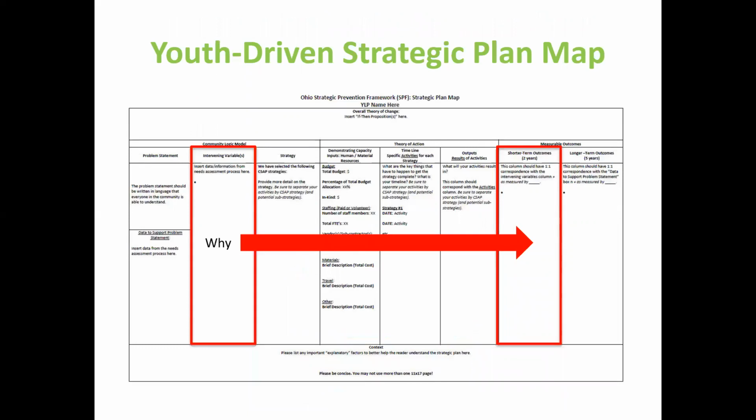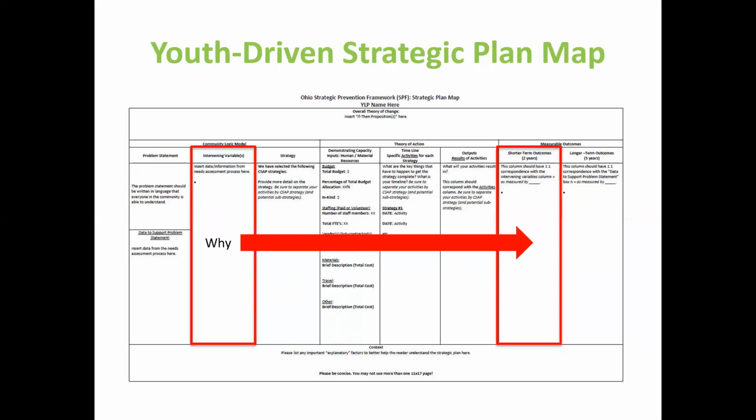Once you have completed the process of guiding your young people through the selection of intervening variables or root causes based on the existing evidence that you have, it's important that you as an adult ally then enter this information onto the youth-driven strategic plan map. Similar to how the problem of practice map is mirrored in the longer-term outcomes, the identified intervening variables or root causes can be turned into measurable short-term outcomes that are anticipated to result from implementing the evidence-based strategies.